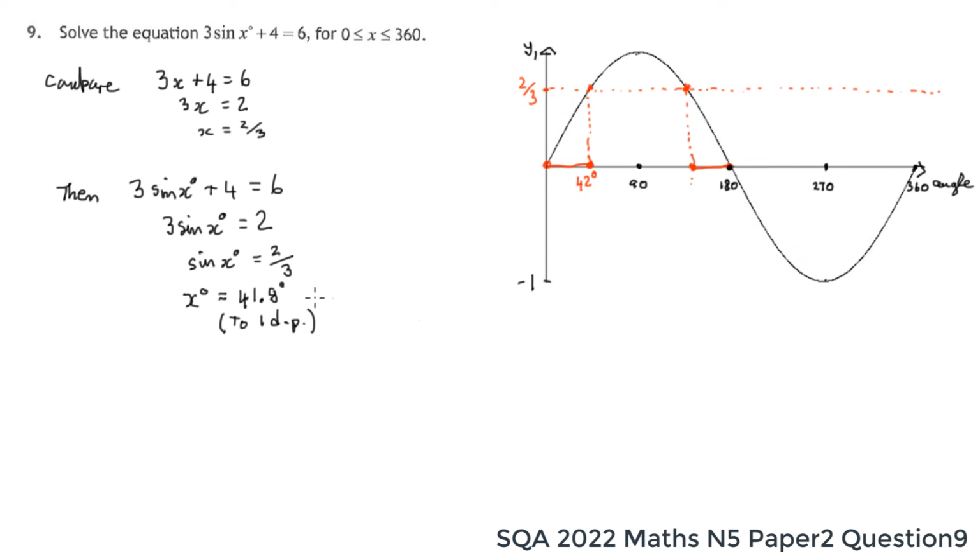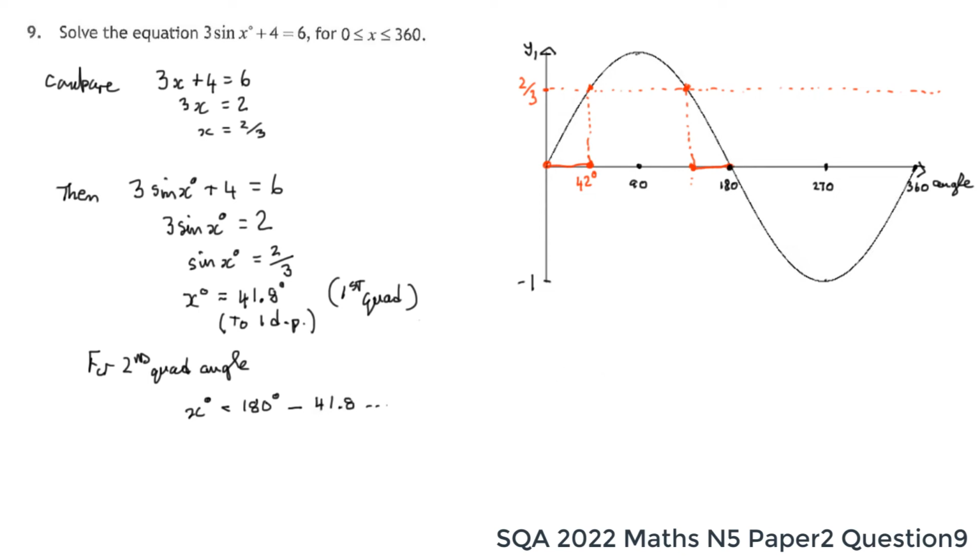So what we now have to do is to say this is in the first quadrant. That's the normal first quadrant angle. And we say for second quadrant angle, and we know that there's one in the second quadrant by looking at this graph. So for second quadrant angle, x will be 180 minus that 41.8 and so on.